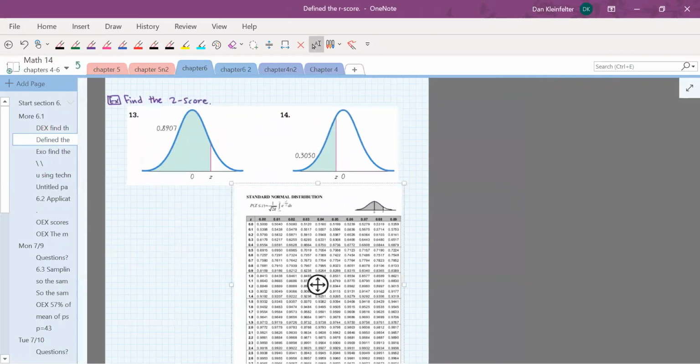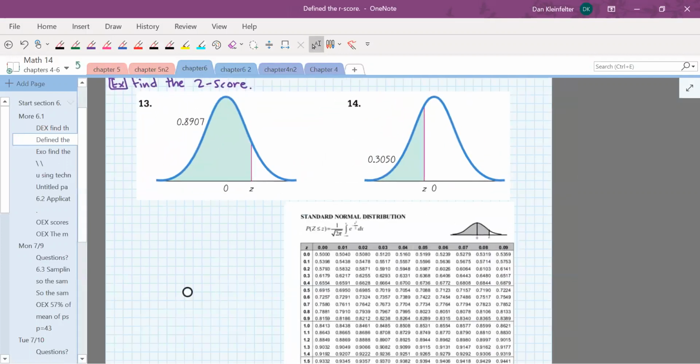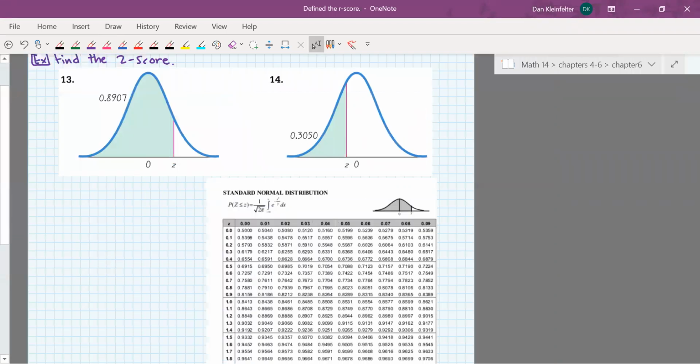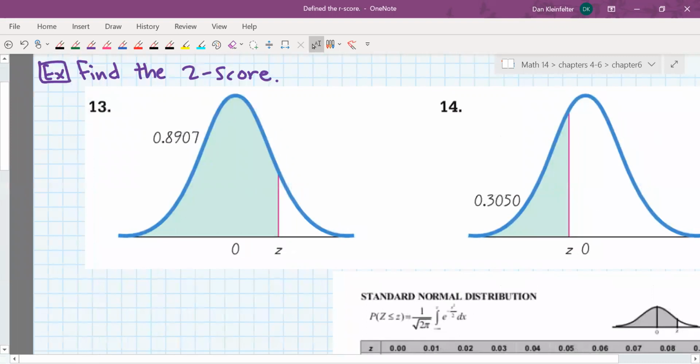Okay. All right, so in the next two examples, we're working backwards. What we were doing in the last examples was, given a z-score, we wanted to find the area. Here, we're given an area, or probability, and we want to recover the z-score. So for number 13, we have an area to the left of z of 0.8907.